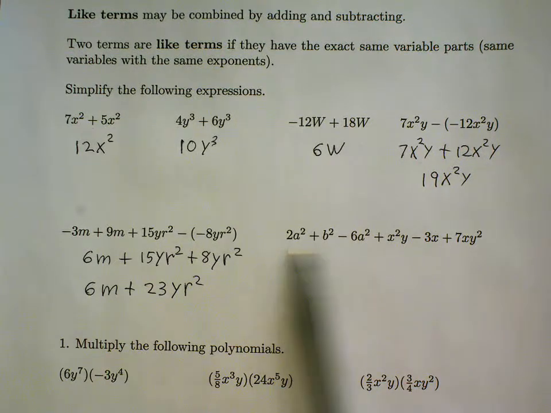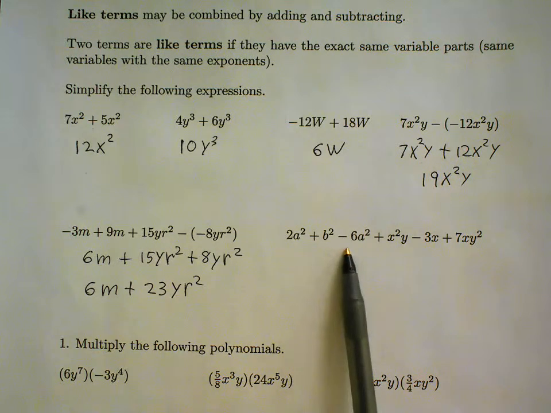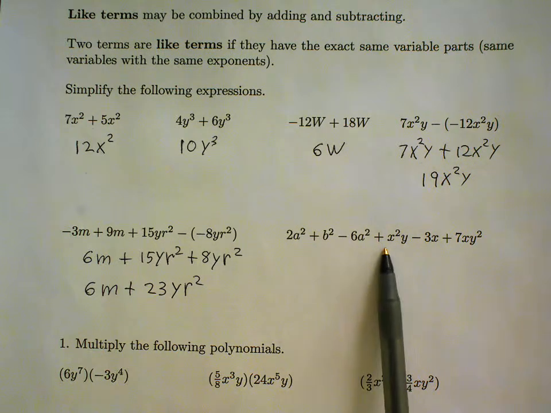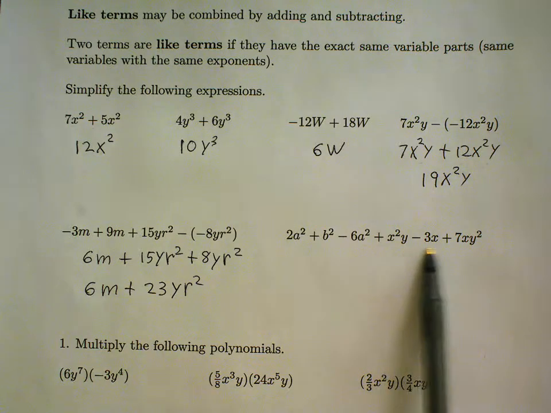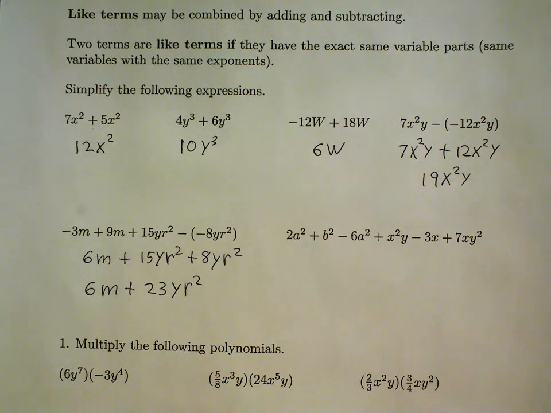Okay, I'll let you simplify this next one. 2a to the second plus b to the second minus 6a to the second plus x to the second y minus 3x plus 7xy to the second. Simplify by combining like terms when adding and subtracting.